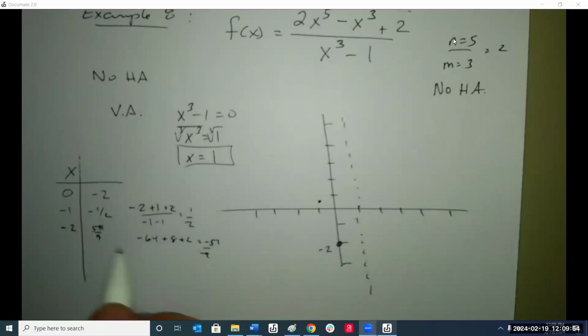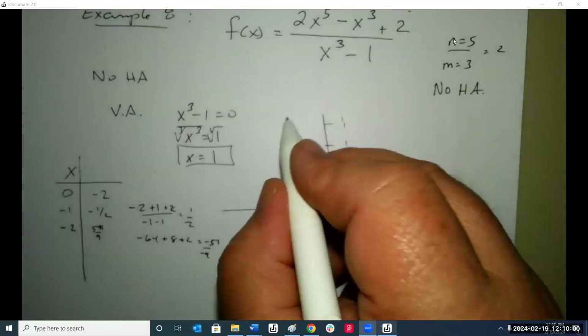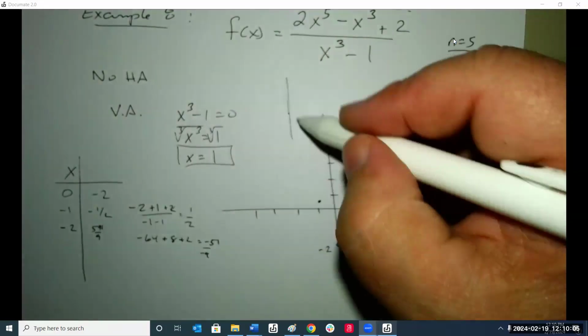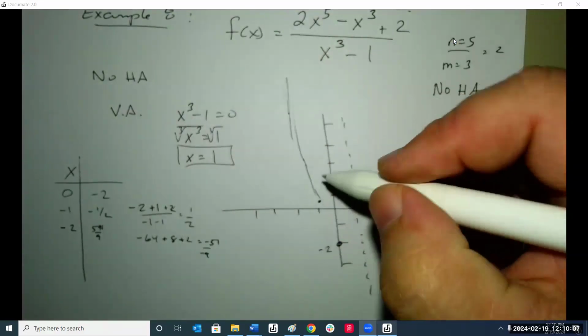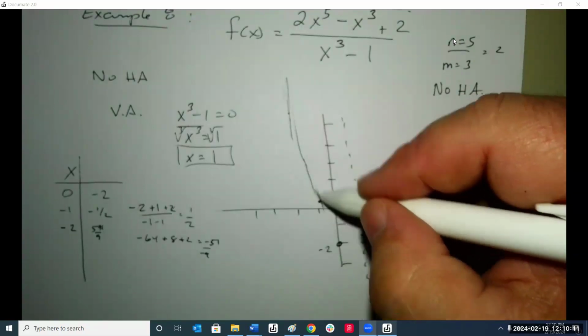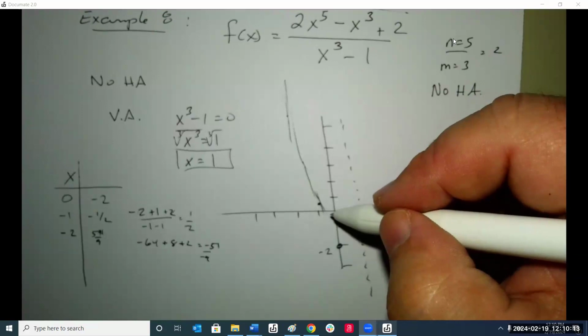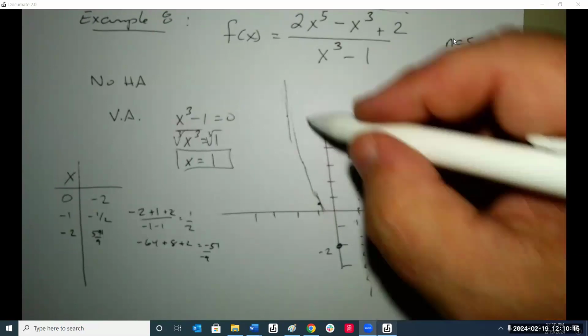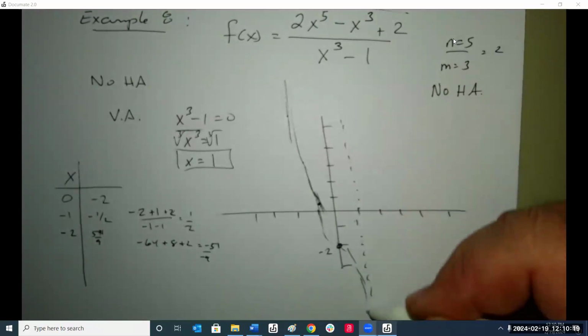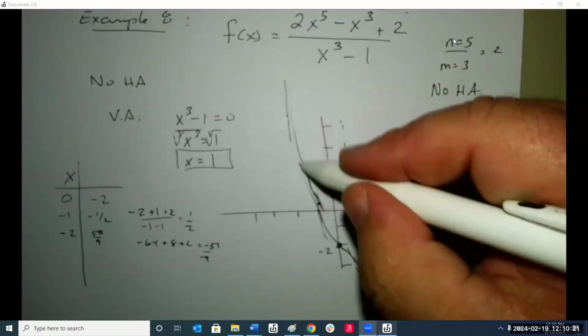That would be positive. 9 goes into 54 6 times, equals 6. So the graph will look something like this. It's always a decreasing function.